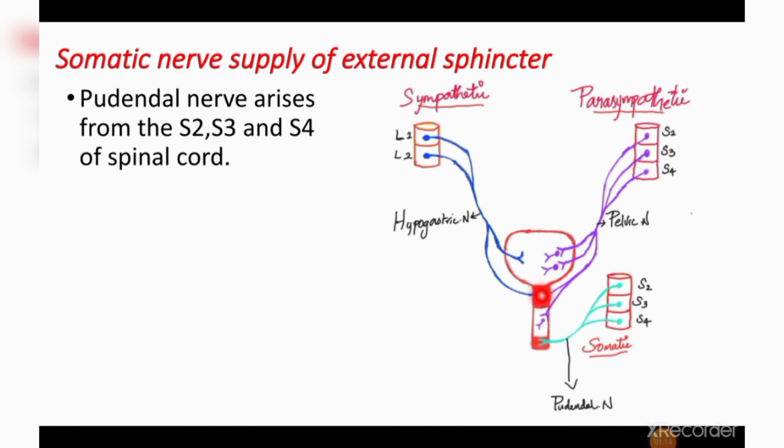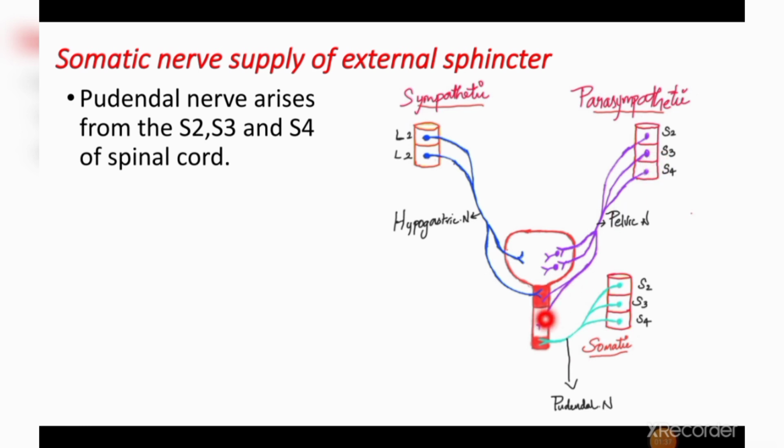And when the urine is passing through the urethra, the stretch receptors present on the wall of the urethra will get stimulated, and they will send an impulse to the sacral segment of the spinal cord through the pelvic nerve. As a result, our spinal cord will inhibit the function of the pudendal nerve, which is constricting the external sphincter.